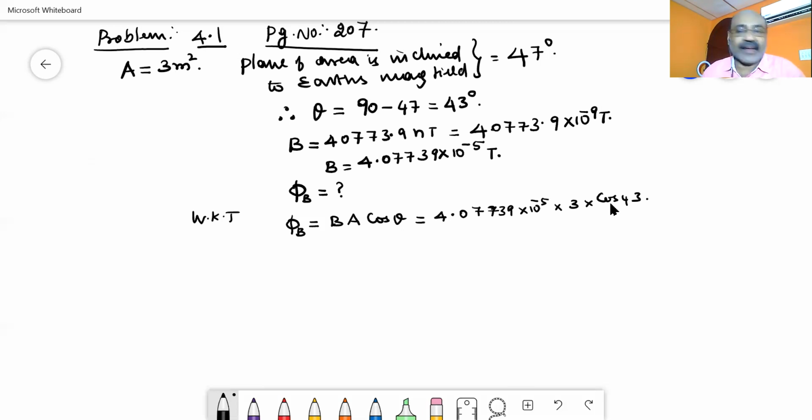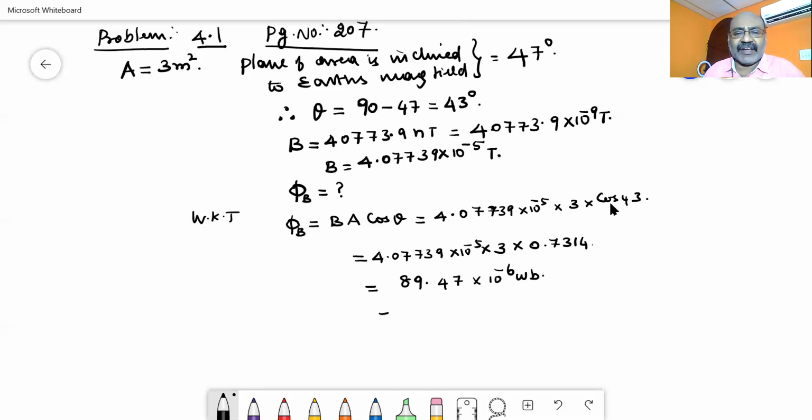This cos 43 is 0.7314. Get it from the log tables. So you get 4.07739 into 10 to the power of minus 5 into 3 into 0.7314. Multiply and simplify, and you will get the answer as 89.47 into 10 to the power of minus 6 Weber.